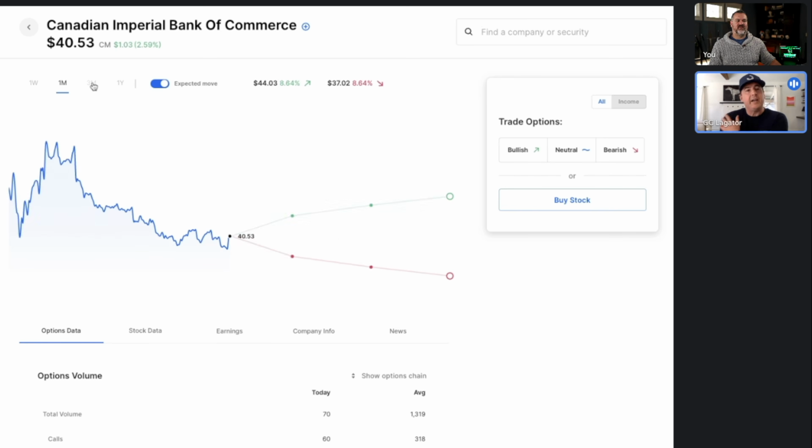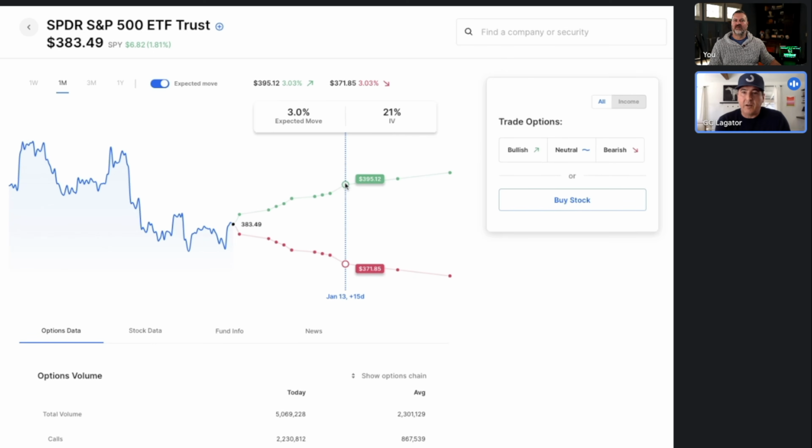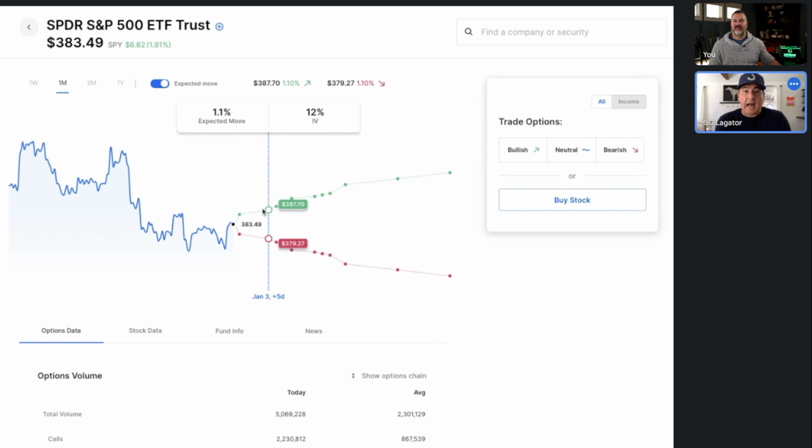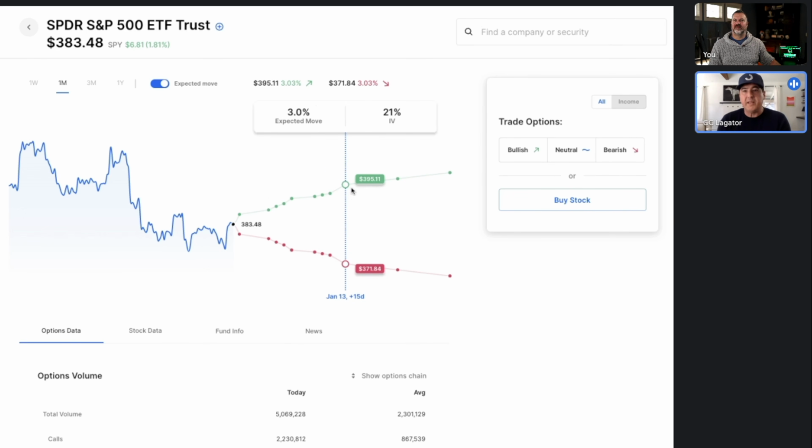And what was fascinating about the SPY chart from earlier is into those last couple of weeks leading up to the holidays where we had all that economic data, I had never seen it before. The SPY chart looked like it was about to have earnings. Wow. It was those weeks of the CPI and then the Fed announcement and things like that.